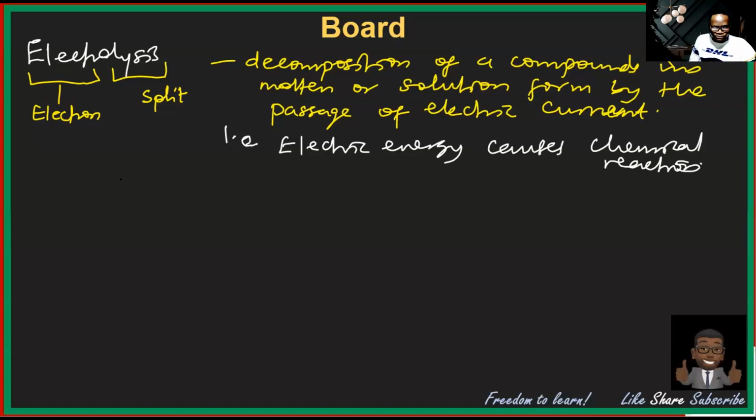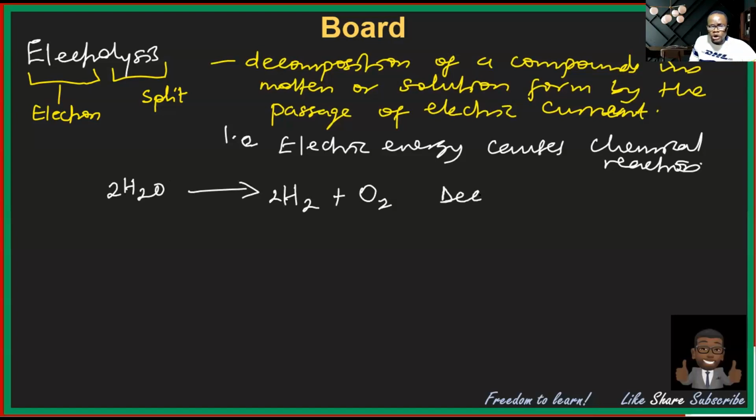If I have water, for example, and water undergoes chemical reaction and it produces hydrogen and oxygen, this is an example of a decomposition reaction.